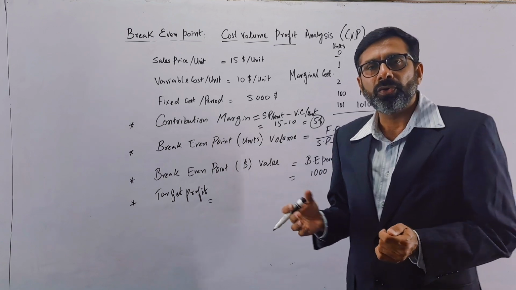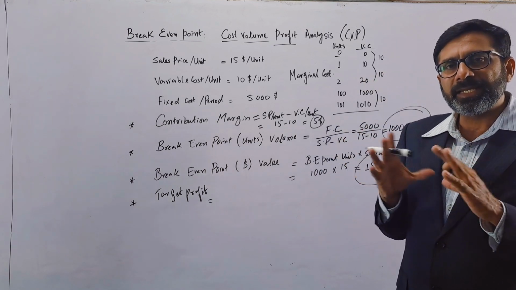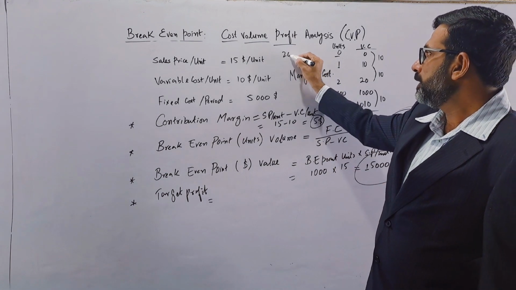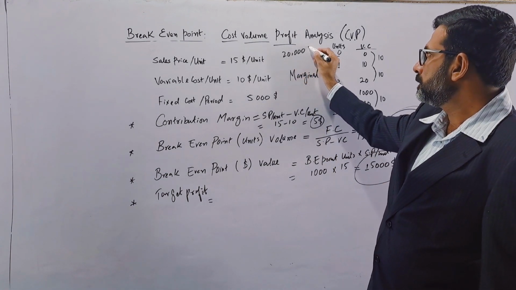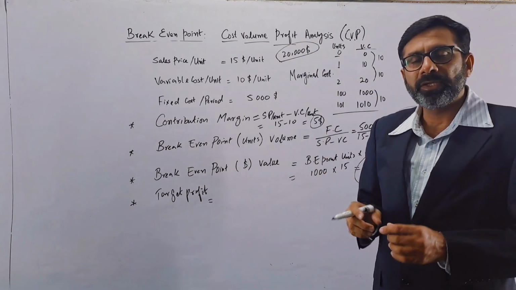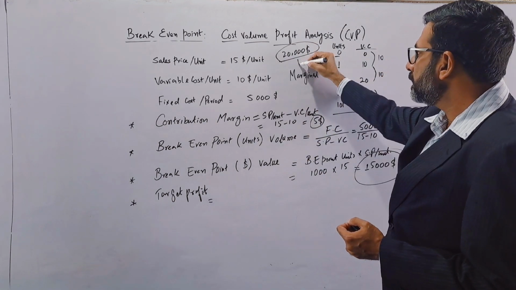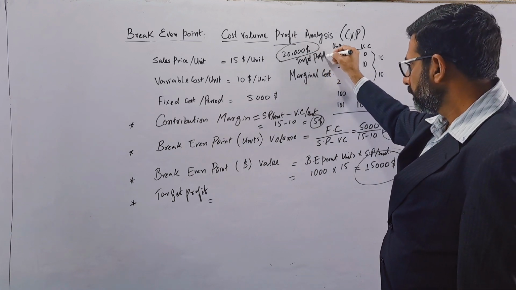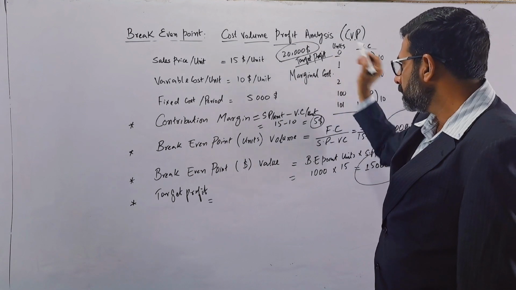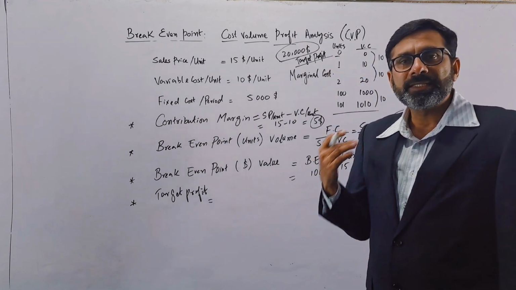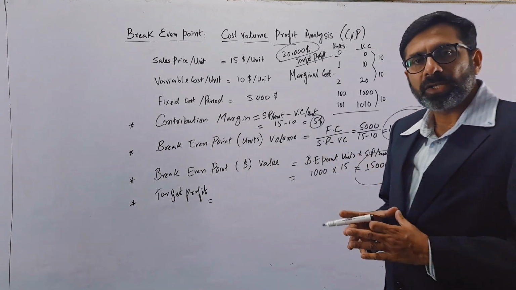They want to know that, let's say their target is, for example, $20,000. They want to get that profit for the specific period. They want to know how many units they have to sell. So you have to calculate that.